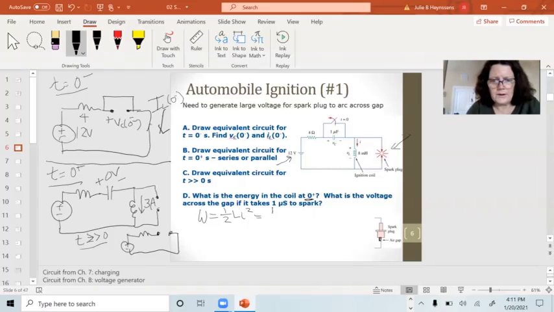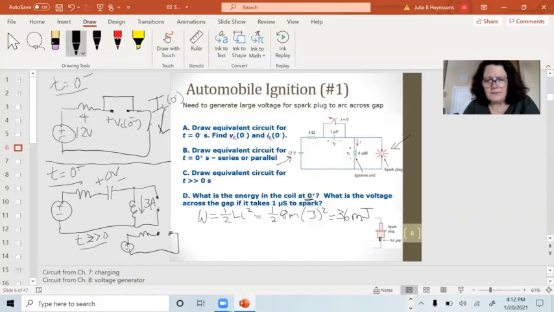So this is 1/2 times 8 millihenries times 3 squared, a lot of current. And this is basically going to come out to be 36 millijoules. Does not sound like a lot. Let's see what this 36 millijoules can do.